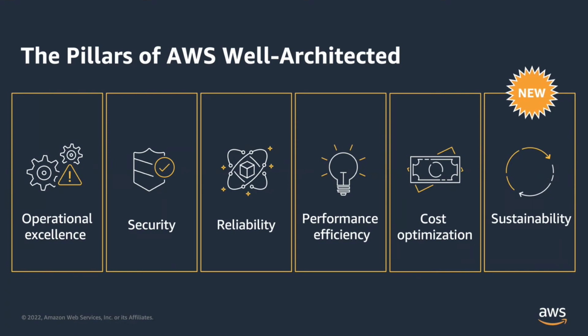So if you have idle resources running in your environment, turn them off. If you have suboptimal resources, think about how you can optimize the usage of that. And lastly, sustainability, which is where we can help you reduce your footprint and improve your processes on AWS.